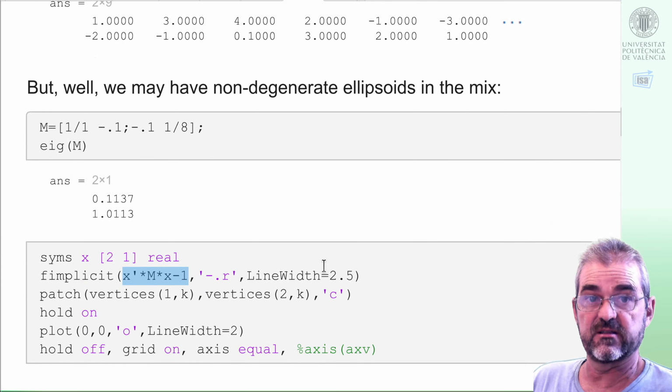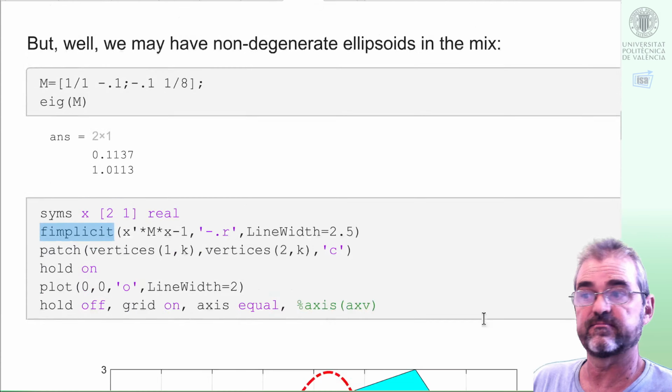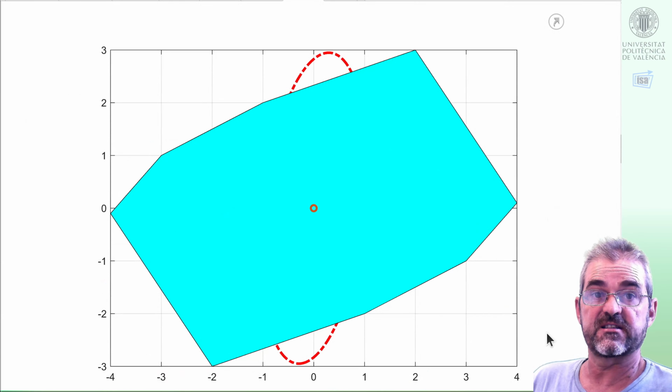So the constraint x transposed M x lower than or equal to 1 will define an ellipse whose boundary will be the equality plotted with fimplicit as this dashed red ellipse below the polygon.